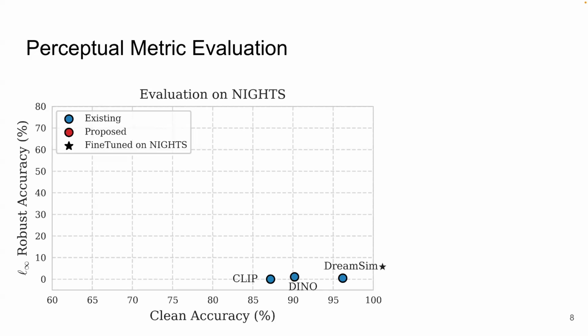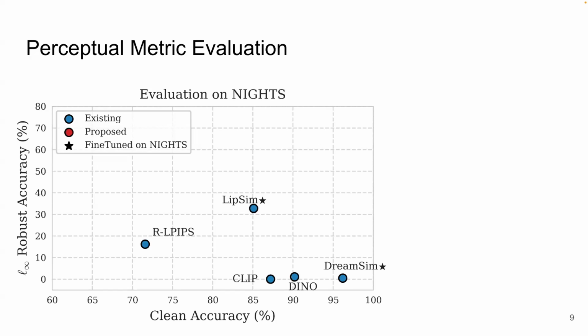So the robustness is basically zero. Similar for the DreamSim metric, which is the current state of the art on this dataset, because it has actually been fine-tuned on this dataset. So it gets high accuracy, but is still completely non-robust.